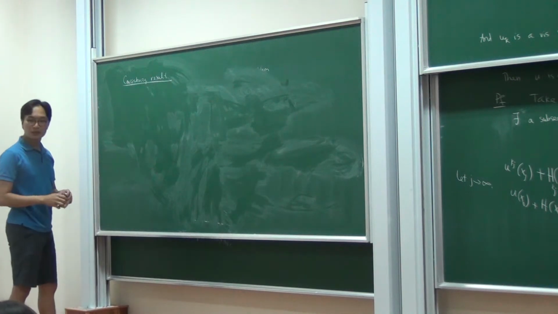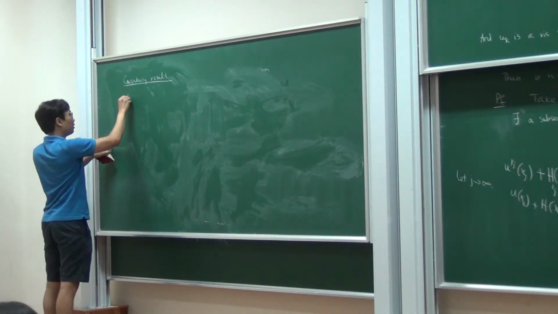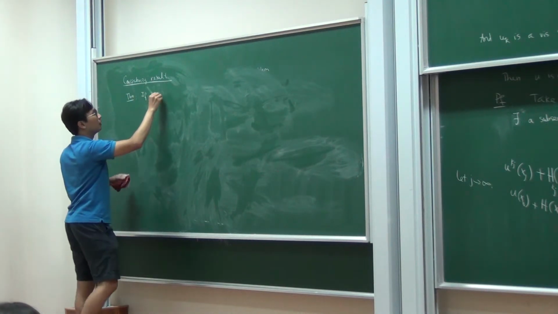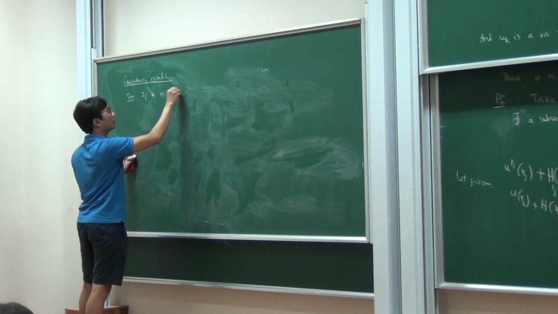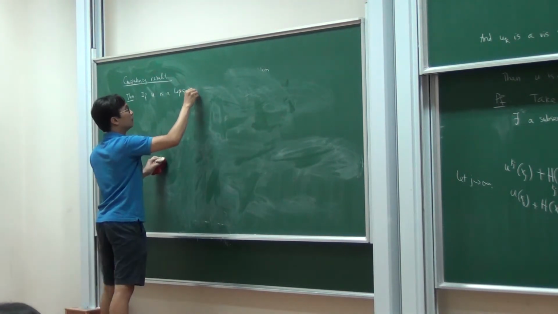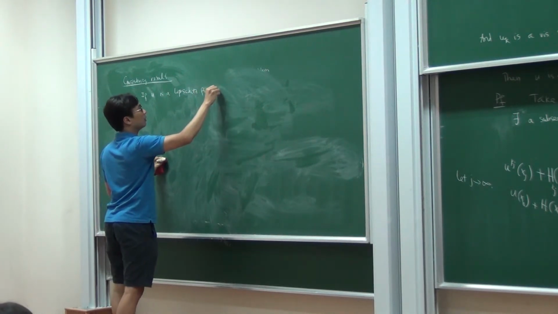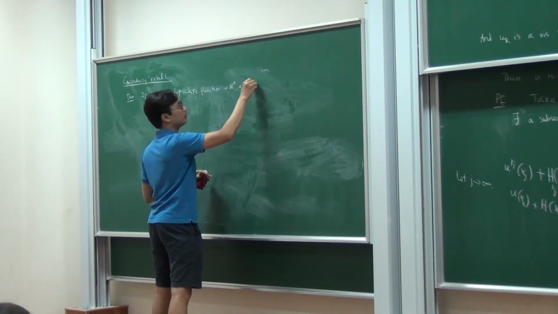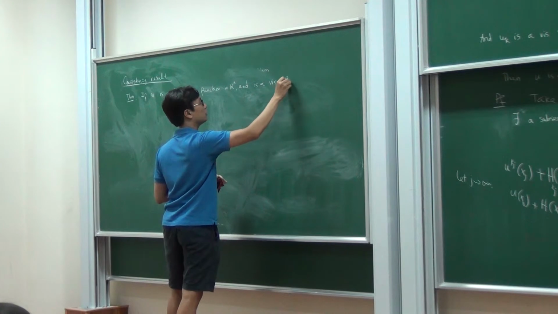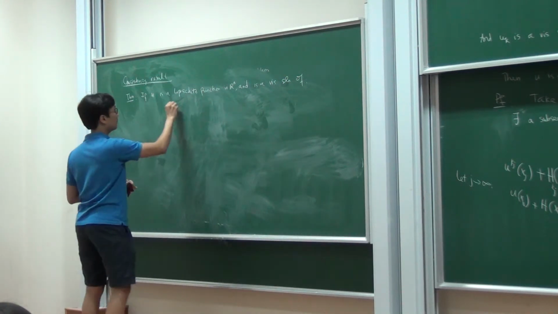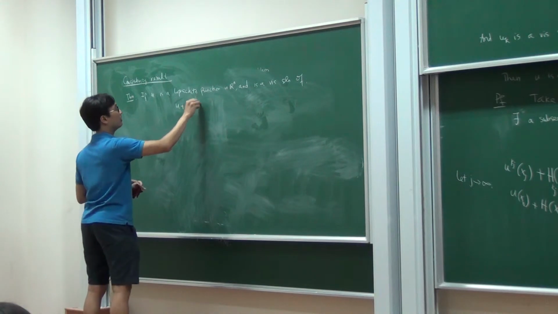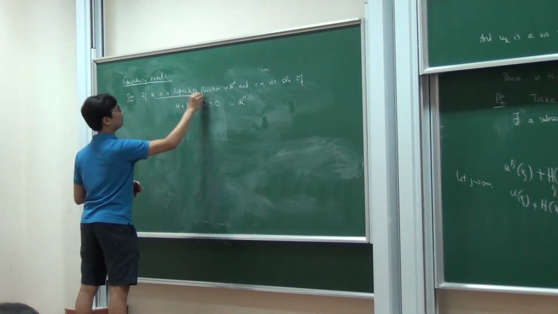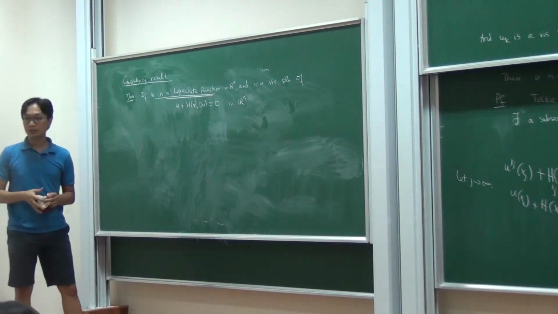Part of the result will be proved tomorrow. If u is a Lipschitz function in R^n, and is a viscosity solution of u plus H(x, Du) equal to 0 in R^n, remember that here I assume that it's a Lipschitz function. That's going to be checked tomorrow.